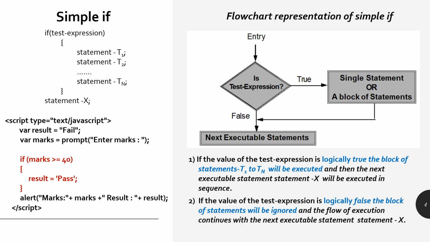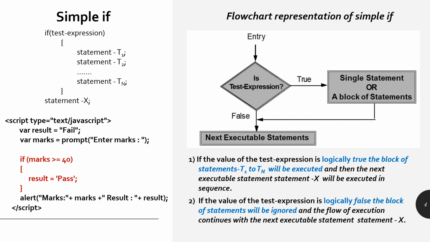The syntax of simple if is like this. You have to use the if keyword, and you need to specify the condition here. Brackets and curly brackets for the block you need to put. These are all essential things, and you have to follow the syntax accordingly. So it is very clear that if the condition is true, only this much of the statements will be executed.